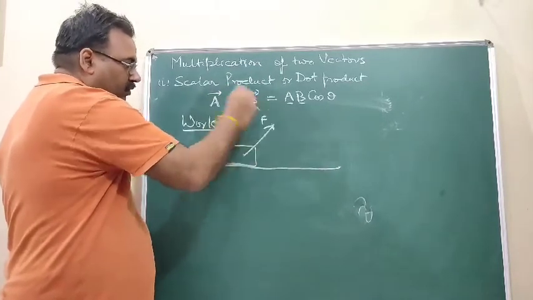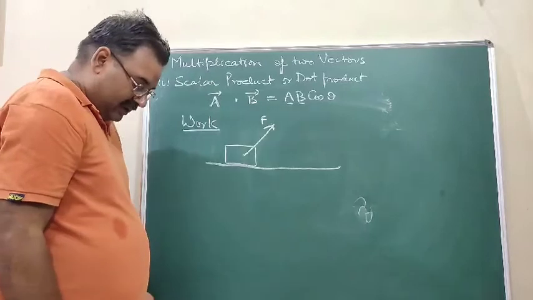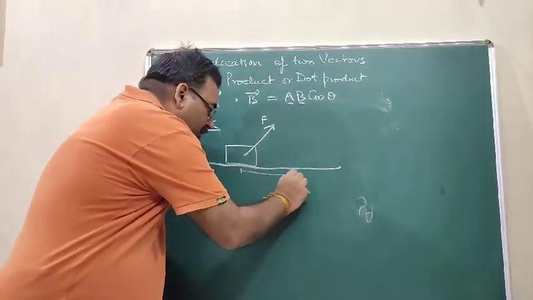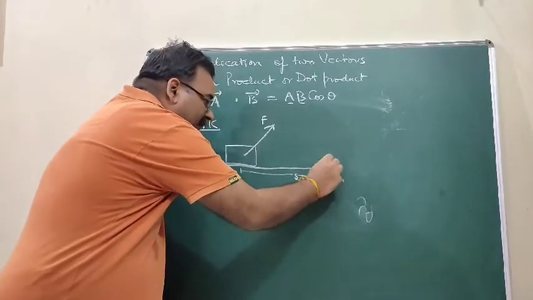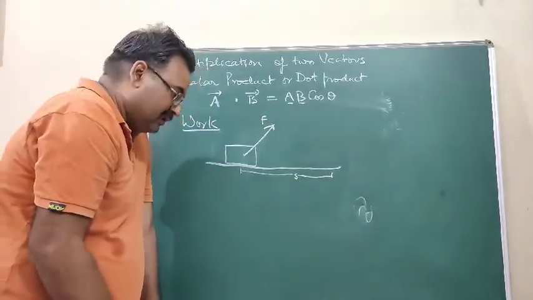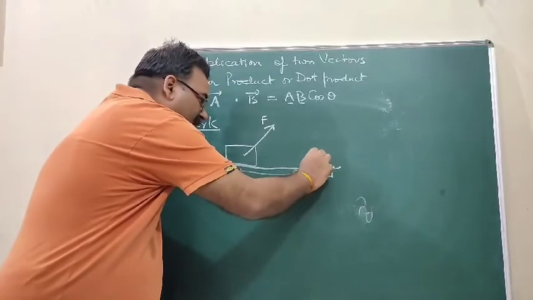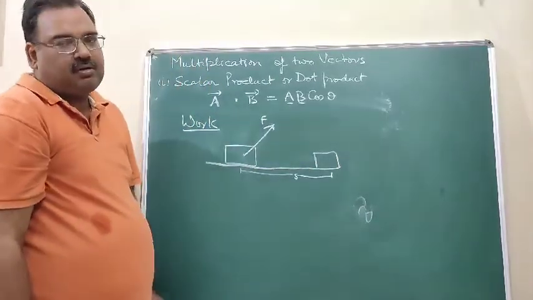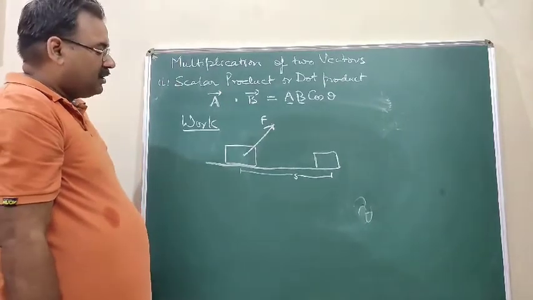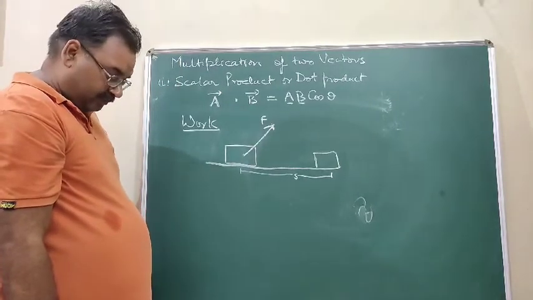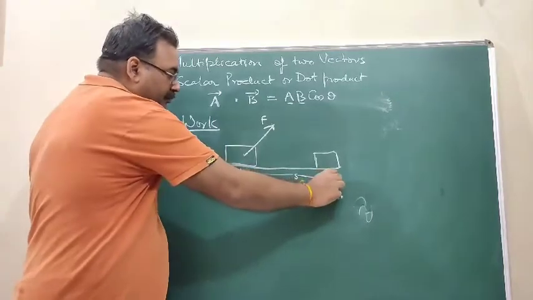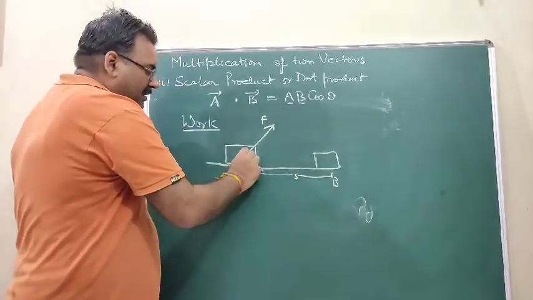The body gets displaced from this point to here, S. It moves to this place. So we have to find out the work done by the force in displacing this box from point A to point B.